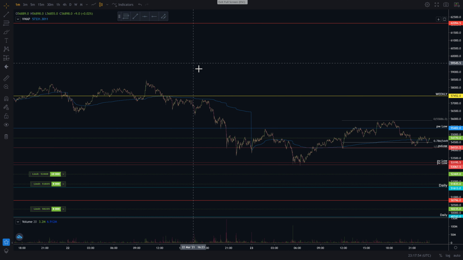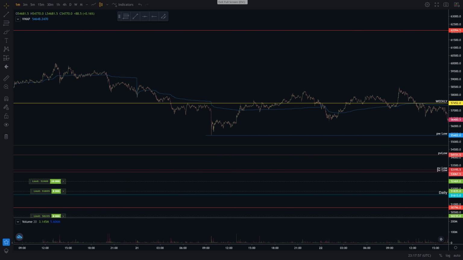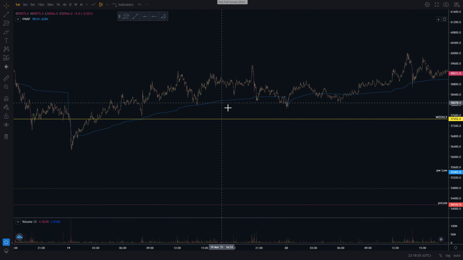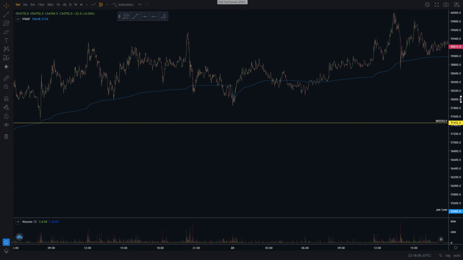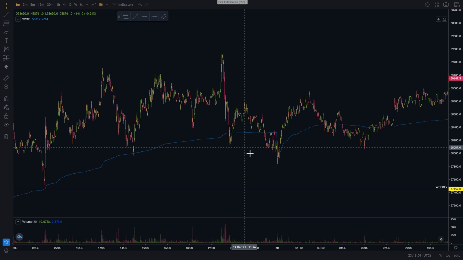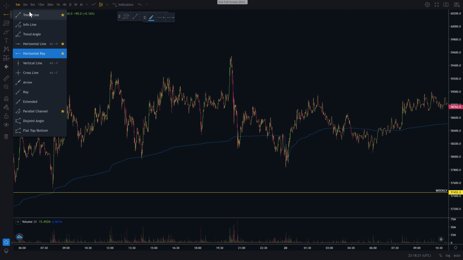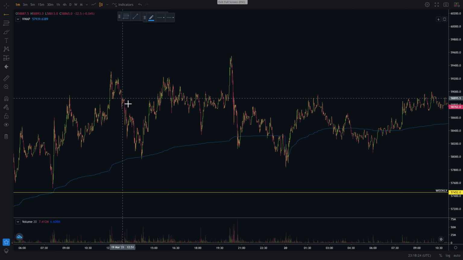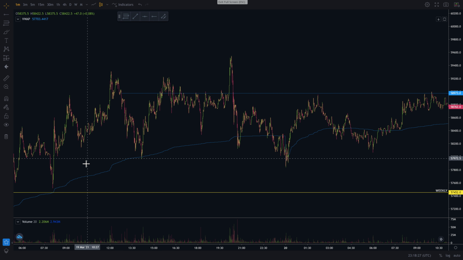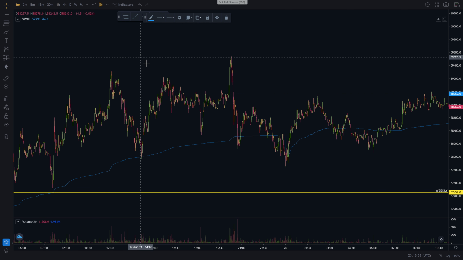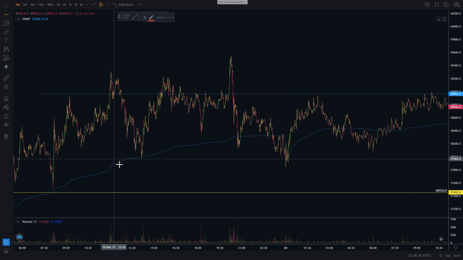and let's find out if we have some nice range conditions on the 1 minute chart. Yes, we can see them maybe here. We can see the range here.